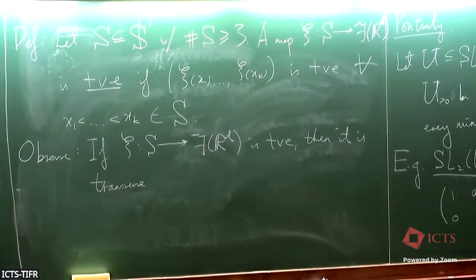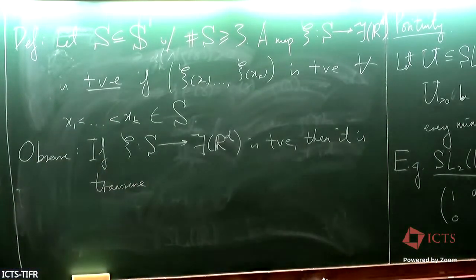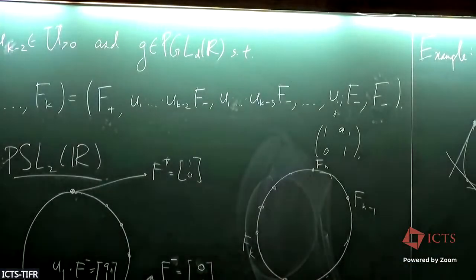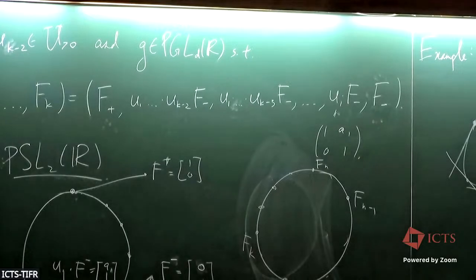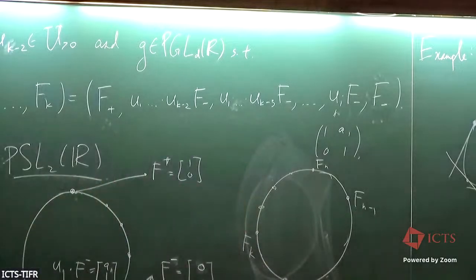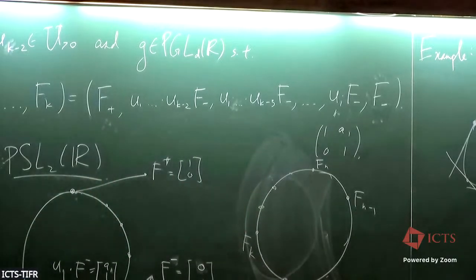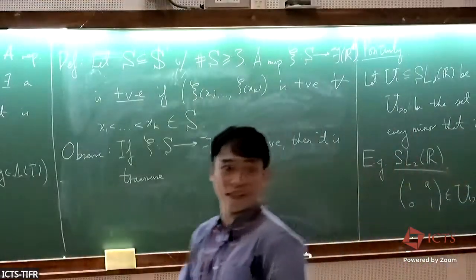The reason is that F plus and F minus are transverse, and from the fact that you can cyclically reorder and remove flags, it's not so hard to see that this map has to be transverse as well. Given any 2 points, you can basically make those 2 points F plus and F minus up to the G action.